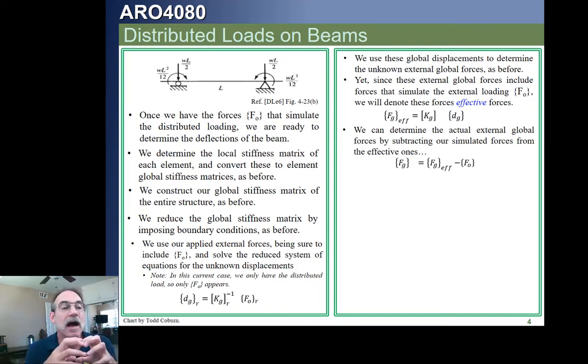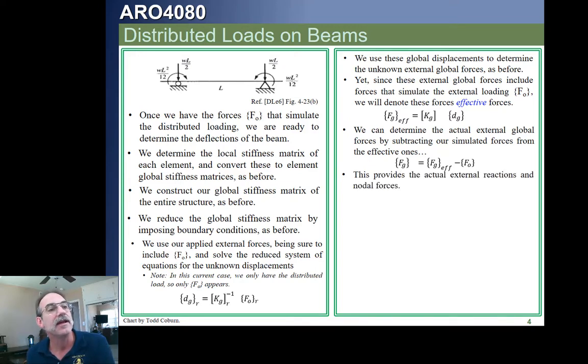We had those external reactions and the applied loads. But remember, this vector, FG effective, includes both the constraining forces and the applied forces and our simulated forces. So what we're going to need to do now is subtract the simulated forces, FO, from FG effective to get our FG, our constraint forces and applied forces other than those simulated loads.